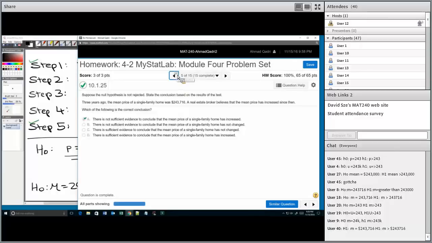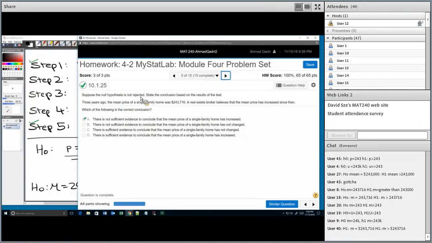Whenever you reject the null hypothesis, like in the previous problem, you should automatically pick the words, there is sufficient evidence. Those 4 words will appear: there is sufficient evidence to reject the null hypothesis. So whenever the null hypothesis is rejected, automatically think of there is sufficient evidence.